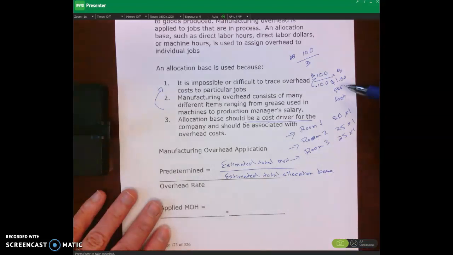So just like what we were saying with our roommates, utilities would be our overhead, estimated total utilities divided by the estimated total allocation base, where the square footage was the allocation base.